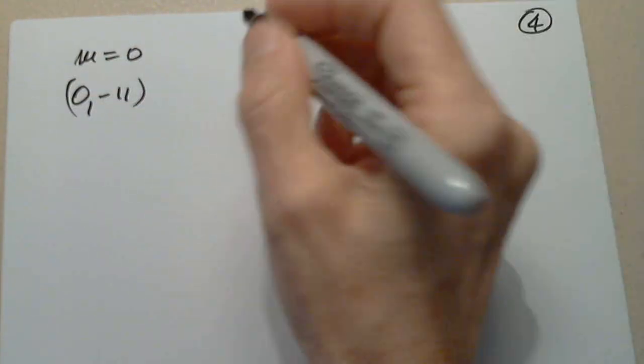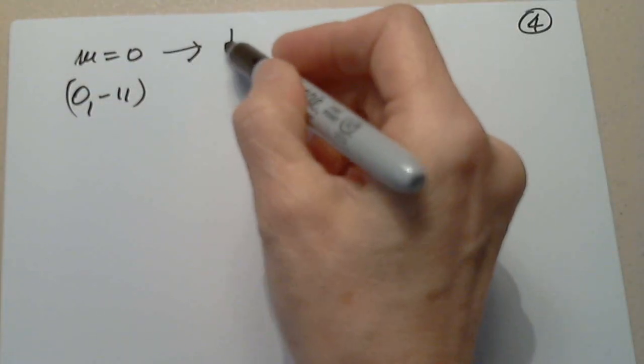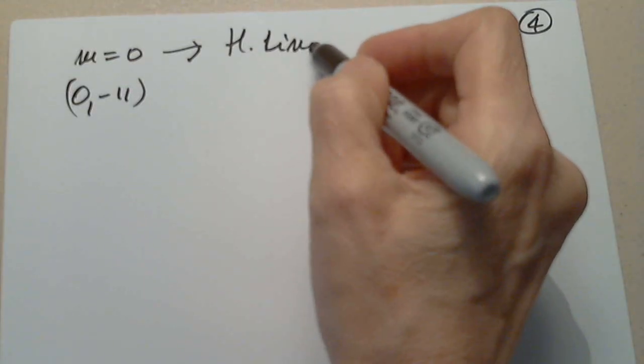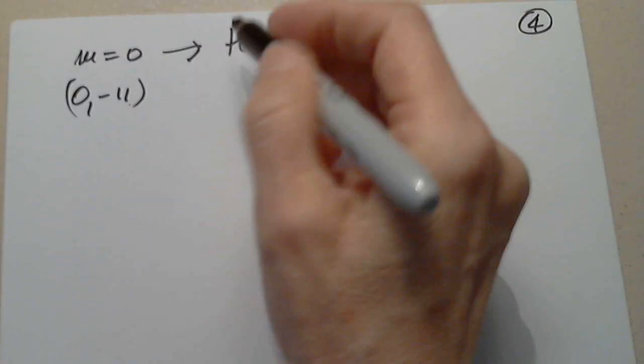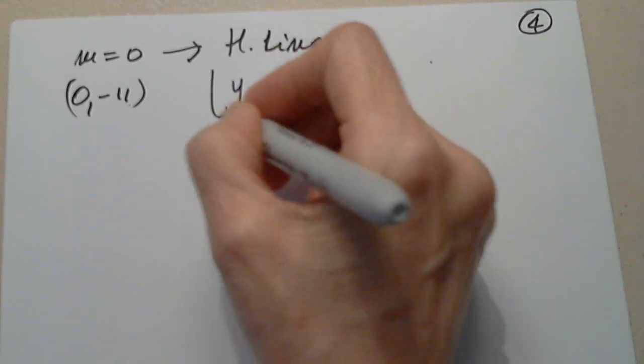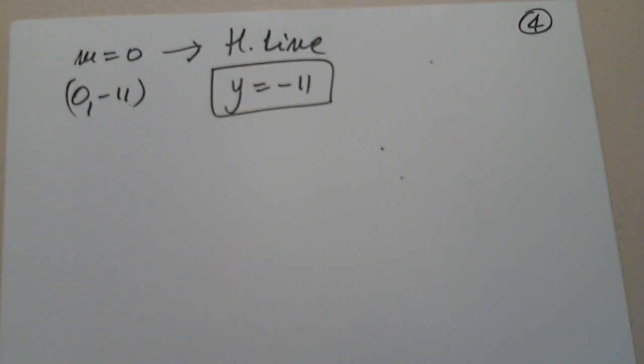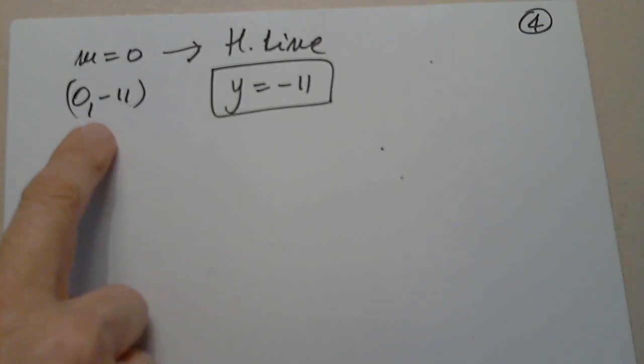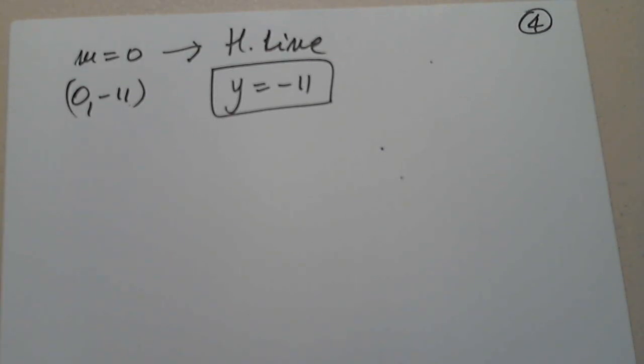So we have the slope equals 0, and it passes through 0, negative 11. So because the slope is 0, this is definitely a horizontal line. Very good. And it passes through this point, so it must be y equals negative 11. Indeed. It's a horizontal line passing through this point. And of course, it has to have a slope of 0 because it's horizontal. Very good.